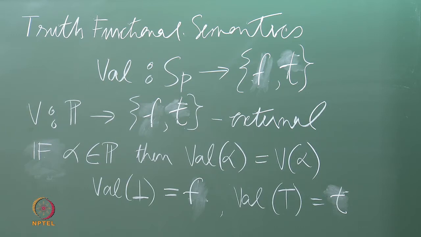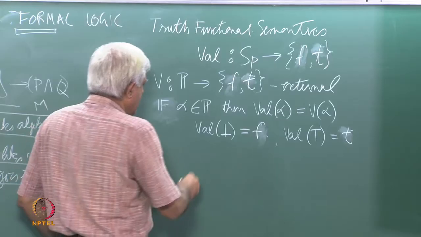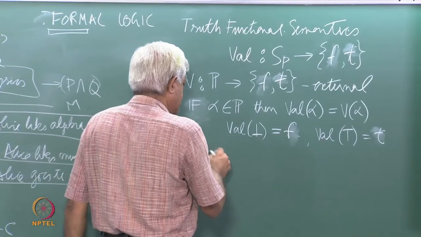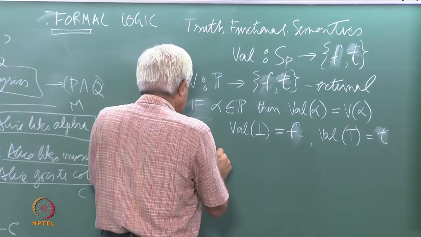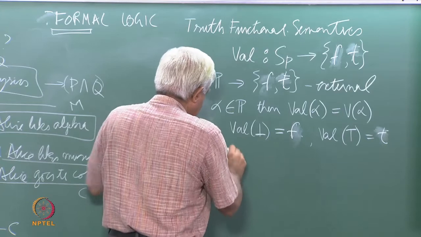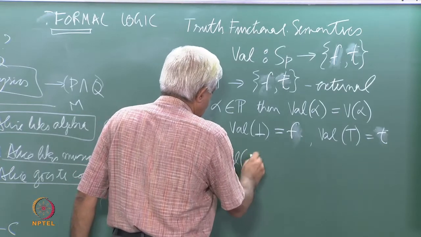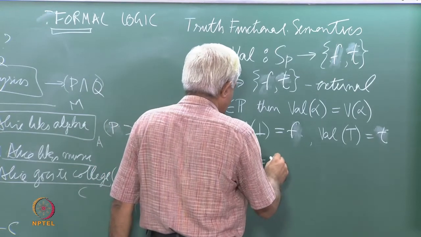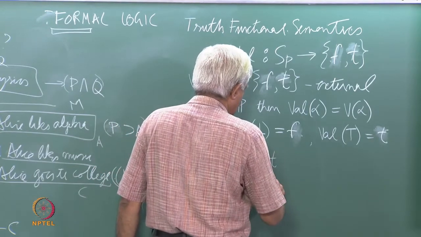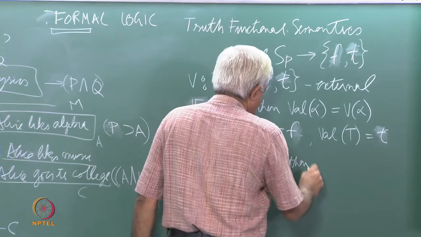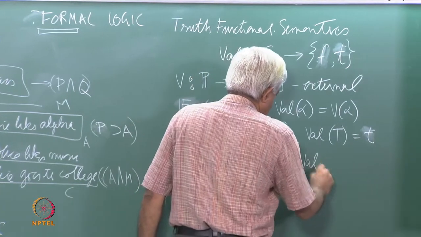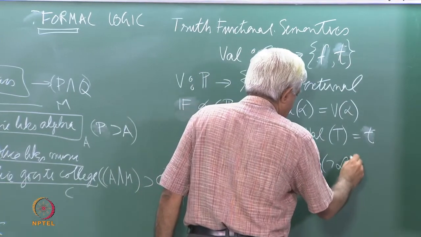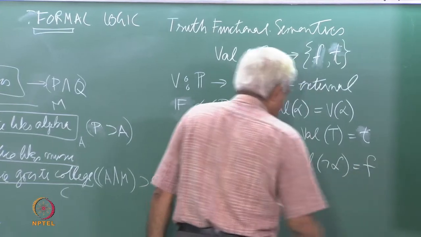And then if val alpha is equal to true, then val not alpha is equal to false.